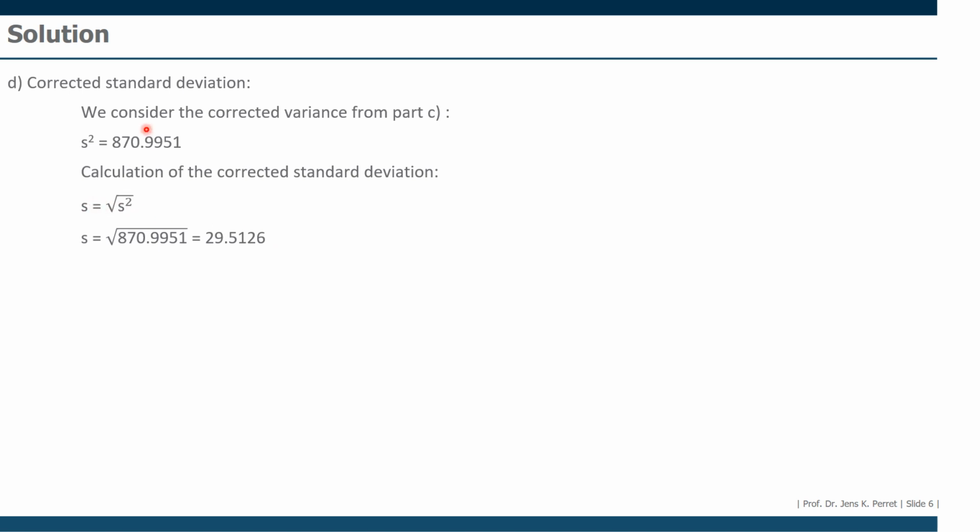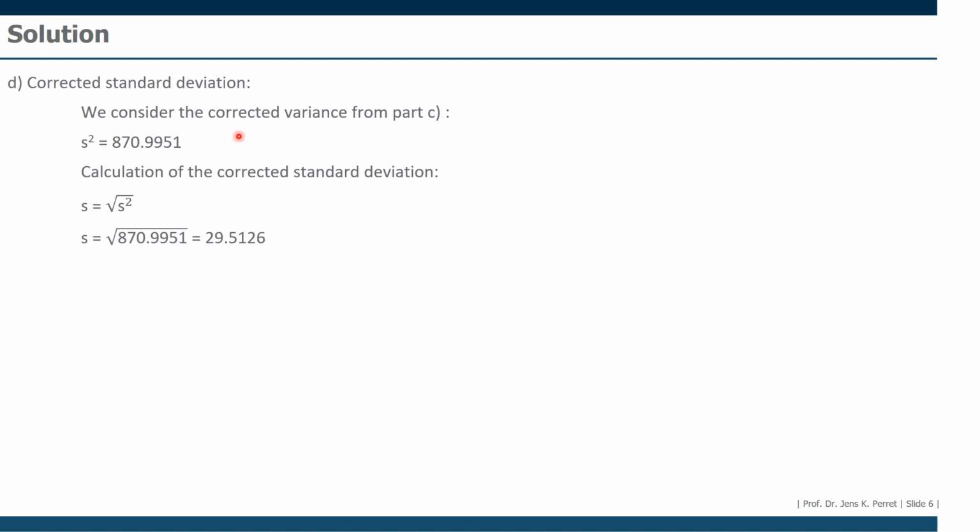Just take the square root of the variance. If I have the corrected variance, I will also get the corrected standard deviation. If I were to work with the uncorrected variance, I will also get the uncorrected standard deviation. So if those two are supposed to be different, then I have to take care to correct one of them, but not the other.